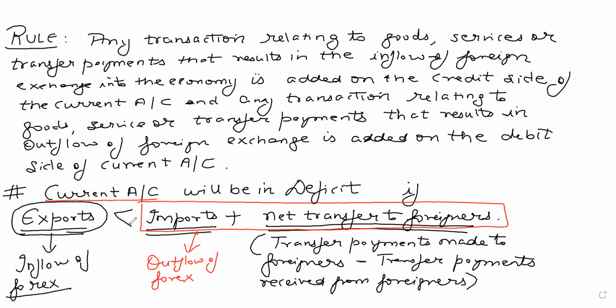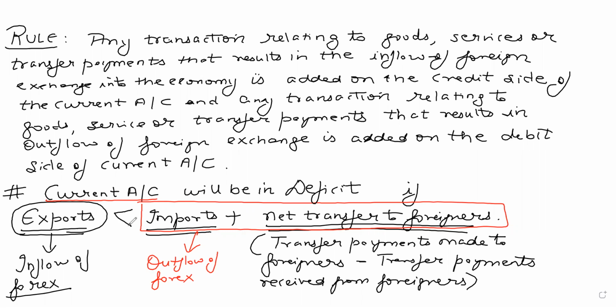That means if the inflow of foreign exchange into our economy is less than the outflow of foreign exchange from our economy, we say that the current account is running a deficit. So hoping that students have understood the current account, the rule relating to how transactions are recorded in the current account, and when the current account is said to be in surplus or deficit.